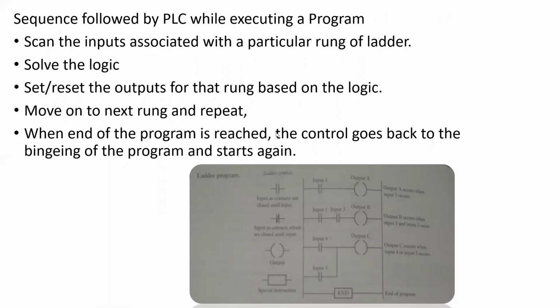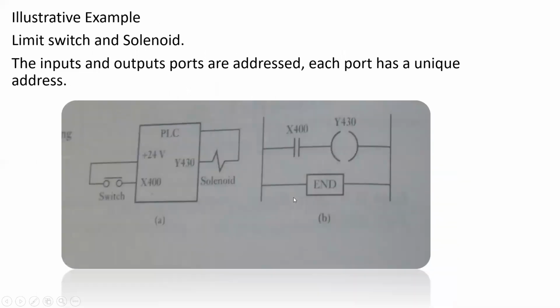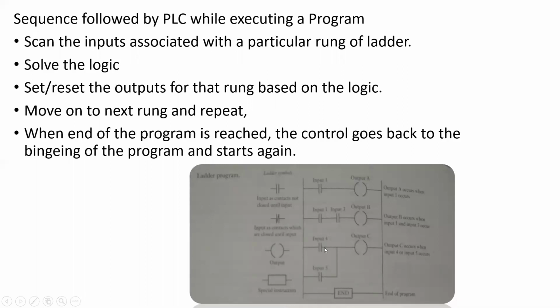Now here is a sample program that we have programmed using ladder symbols. Whenever we open a ladder framework, these symbols are available in the libraries. You can select a symbol, drag it, and place it here. Then you can drag the output symbol and place it here. All these symbols are available in the library.